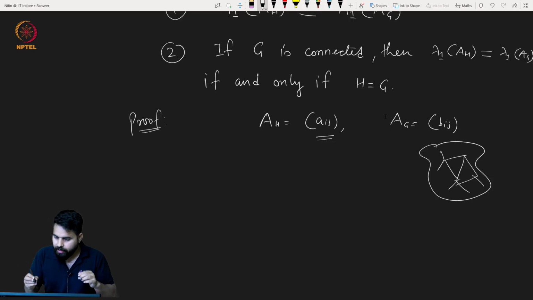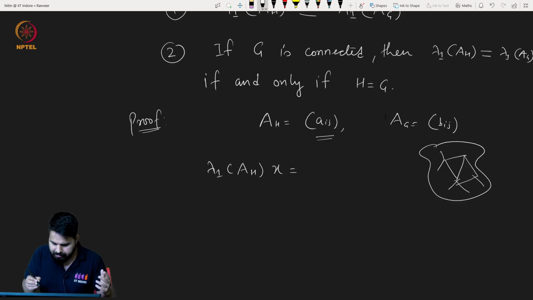Now, the largest eigenvalue of A_H. Suppose x is an eigenvector corresponding to it.